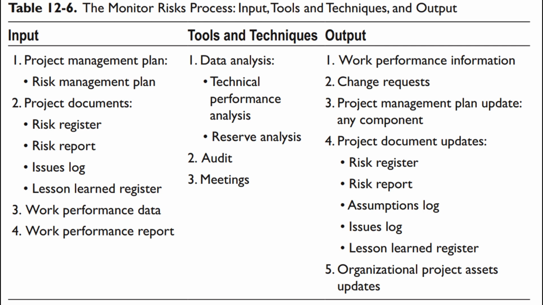Data analysis: technical performance analysis, reserve analysis. 2. Audit. 3. Meetings. Output: 1. Work performance information. 2. Change requests. 3. Project management plan update: any component. 4. Project document updates: risk register, risk report, assumptions log, issues log, lessons learned register. 5. Organizational process assets updates.